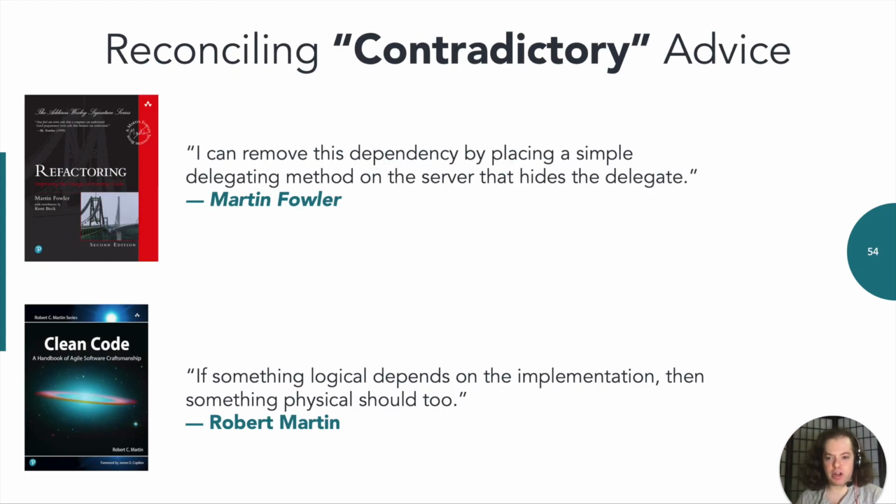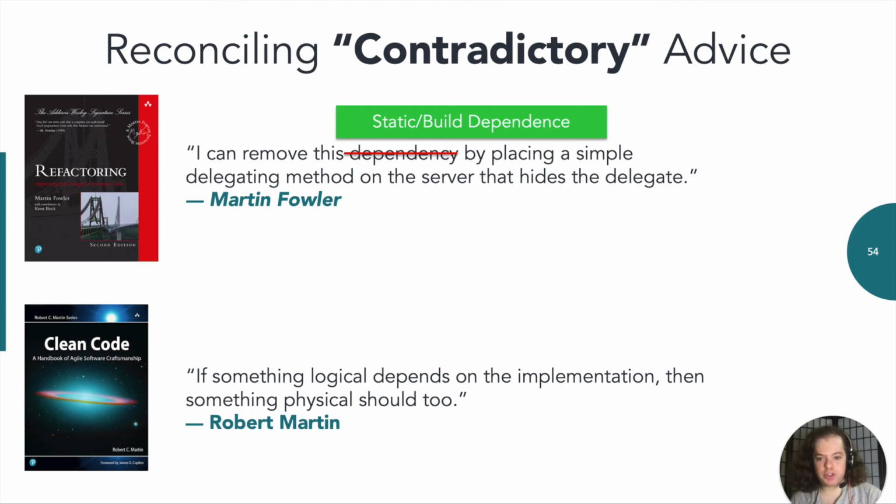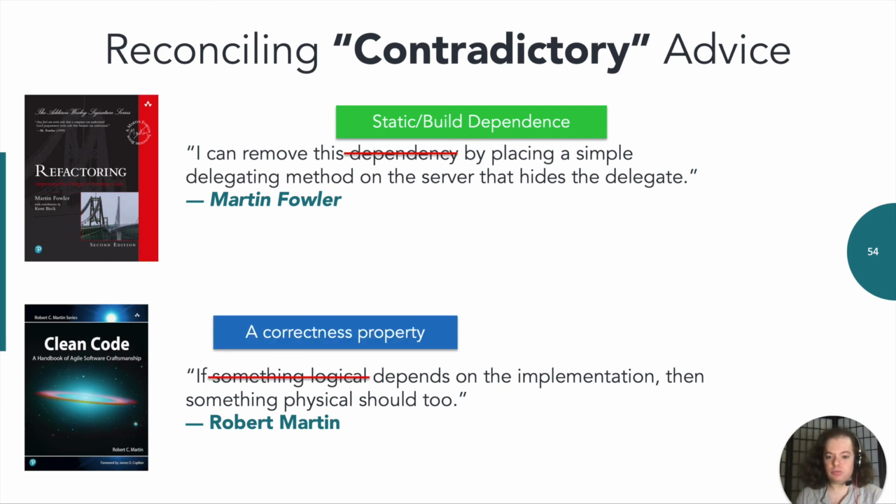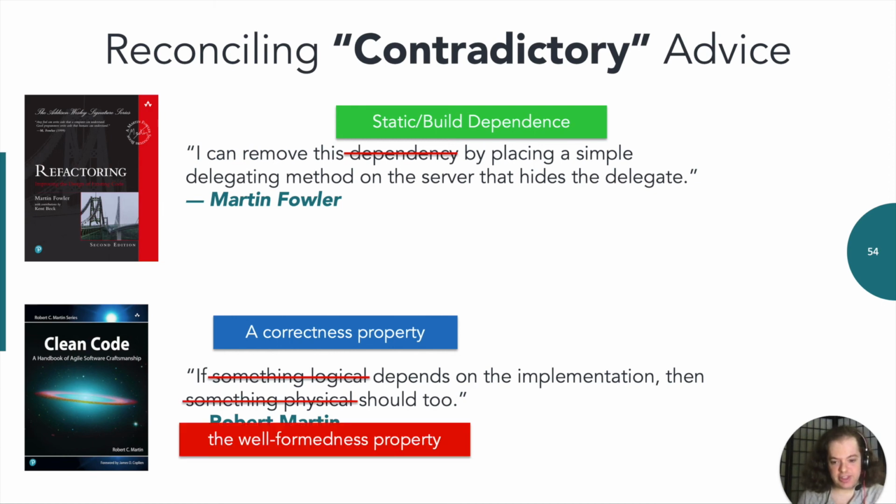And now we can reconcile some of this contradictory advice. So Martin Fowler is talking about how inserting your abstract delegate factory removes the build dependence. And Robert Martin seems to be saying that if a correctness property depends on which analytics framework you're using, then you shouldn't be using this abstract delegate factory.